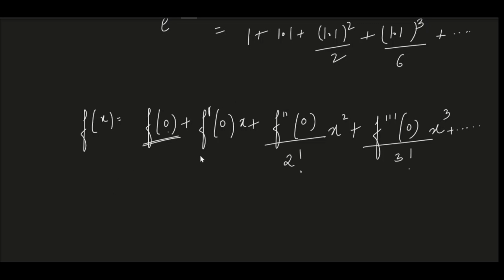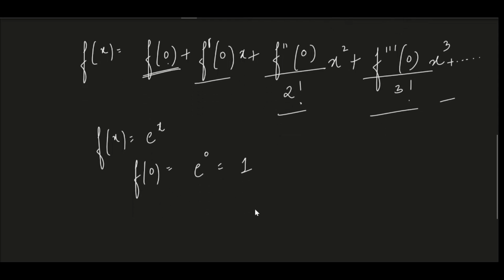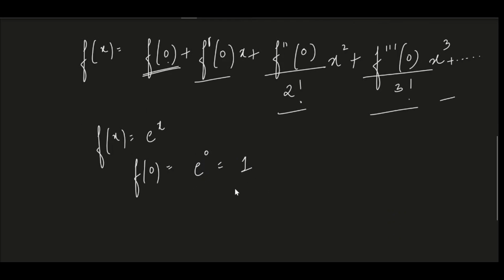Can you see how calculus plays its part, since we have to find the derivatives of the functions? Let's say I have the function e raised to the power x and I have to write the Maclaurin series for it. I first calculate f of 0, which is just 1, and that is my first term.